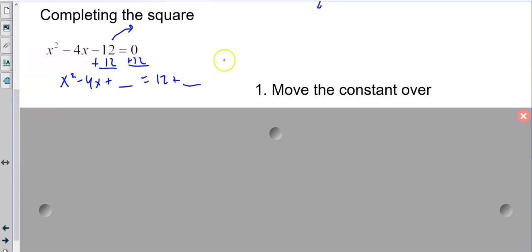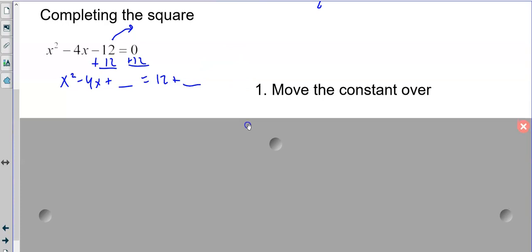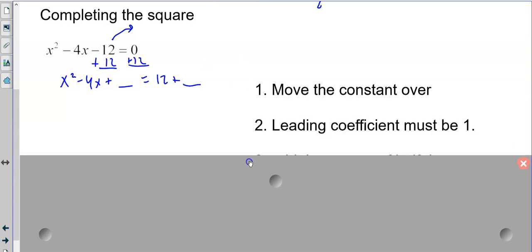I'm about to add something to both sides in just a minute, although this second step's interesting. The leading coefficient has to be 1. Right now, that leading coefficient is 1x squared, so I don't have to do this step.